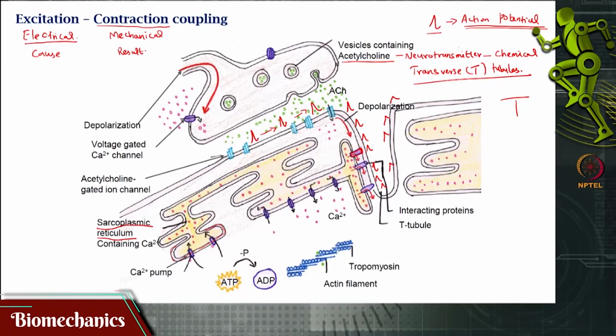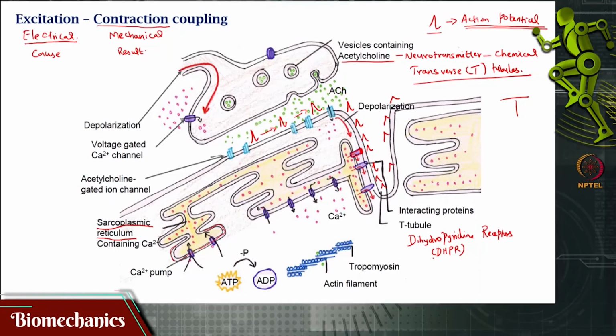The first door is on the T tubule. That first door is called the dihydropyridine receptors, or in short DHP receptors. These DHP receptors are such that whenever they detect the presence of a pulse or an electrical activation or an action potential, they will open.